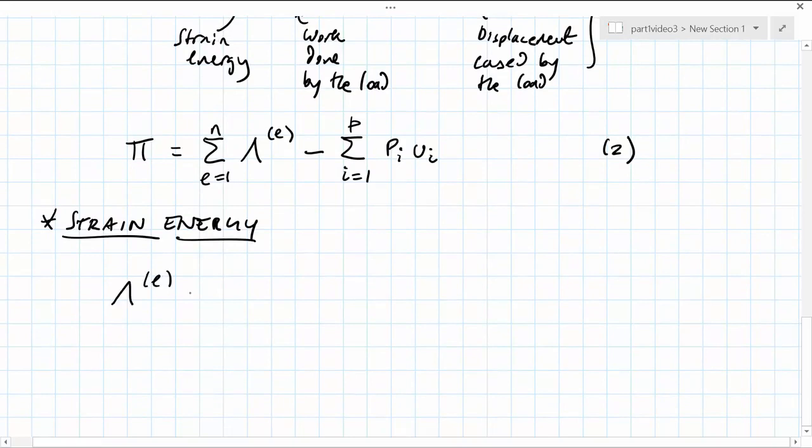Capital Lambda E is equal to the volume integral of the stress in the x direction multiplied by the strain in the x direction divided by 2 and integrated with respect to the volume dV.